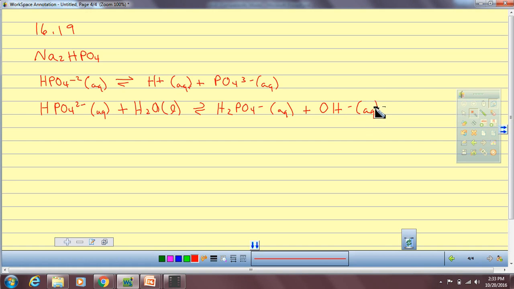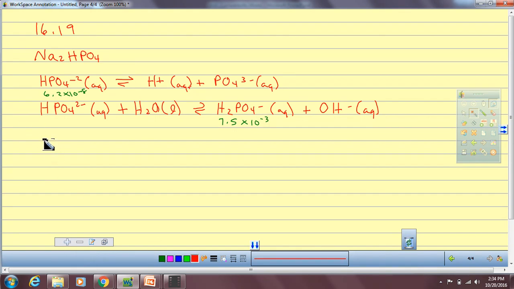And you can find Ka's and Kb's for HPO4. The Ka is 6.2 times 10 to the negative 8. And for H2PO4, excuse me, that was a Kb, you have 7.5 times 10 to the negative 3. So we can do K expressions for them.